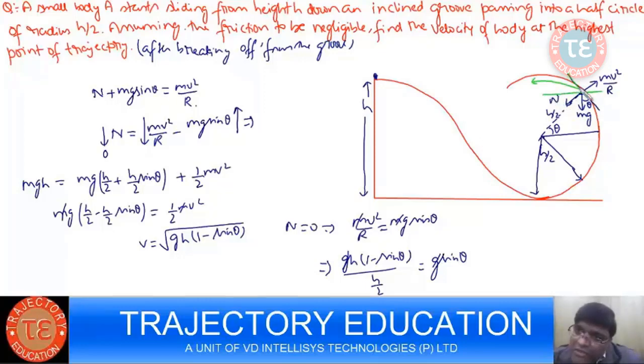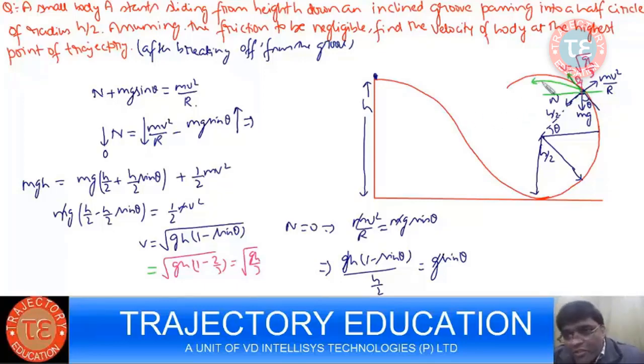And when it leaves the groove, the velocity of projection will be equal to root of gh times 1 minus 2 by 3, that is root of gh by 3. This velocity is going to be root of gh by 3, right? This theta is going to be this theta.